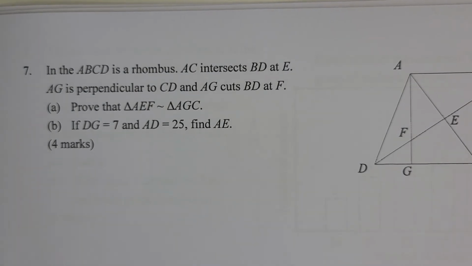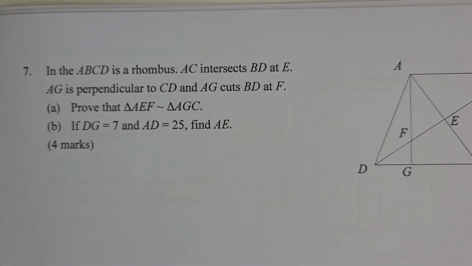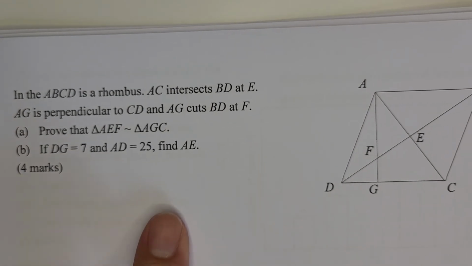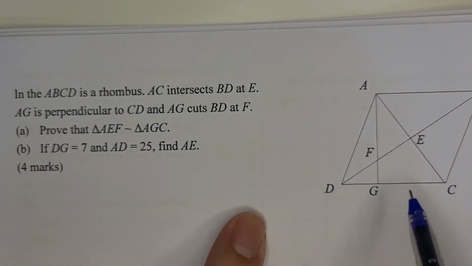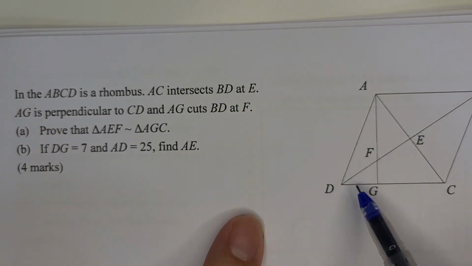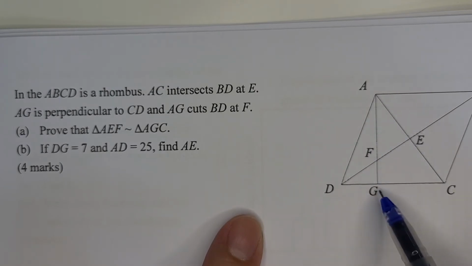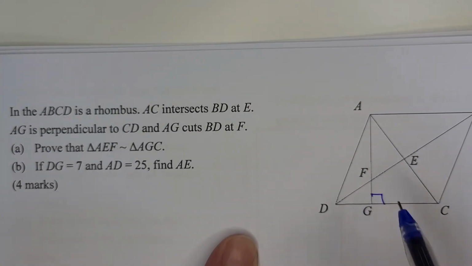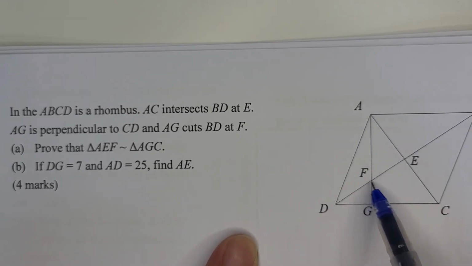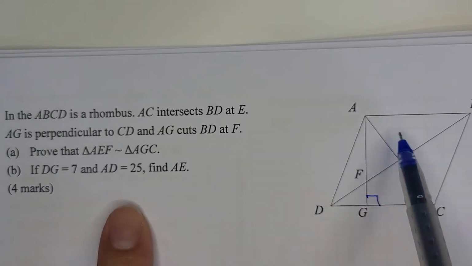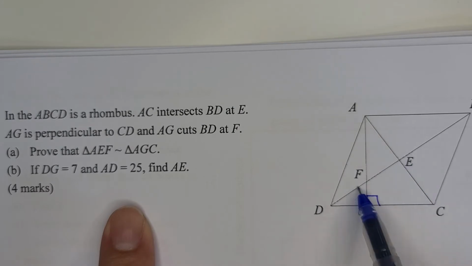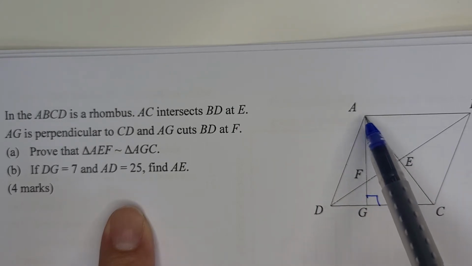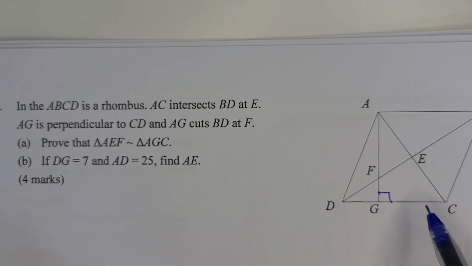So, move to question number 7. This is a plane drawn question. In the figure, ABCD is a rhombus, and AC intercept BD at point E. AG is perpendicular to CD. AG cut BD at point F. Now, we need to show that AEF is similar to triangle AGC.